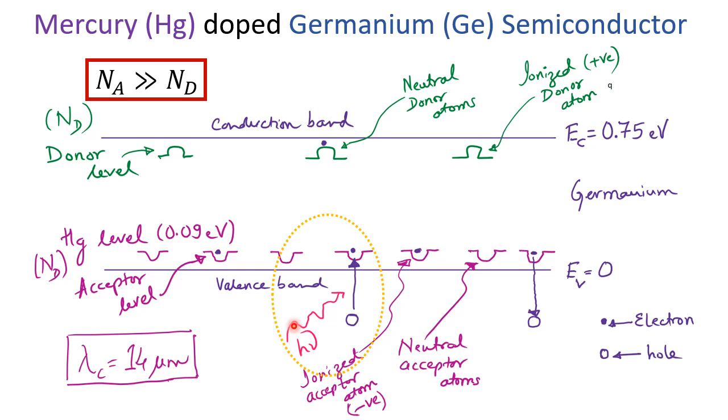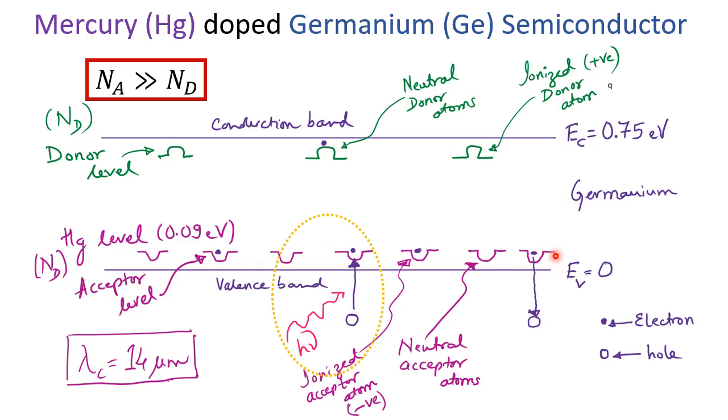So you see that without the energy given by the photon, there would be no hole and no free electron to travel across. But in presence of the light, there is a photo excitation of the electron from the valence band to one of the acceptor levels.